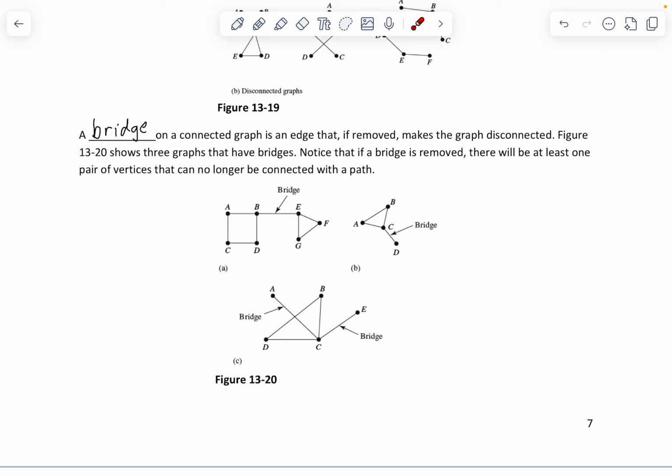This graph, if we remove the bridge connecting B to E, we see that it makes the graph disconnected. If I remove the bridge connecting D to C over here, it would make the graph disconnected. Or down here, if I remove the bridge C to E or A to C, it would make the graph disconnected.